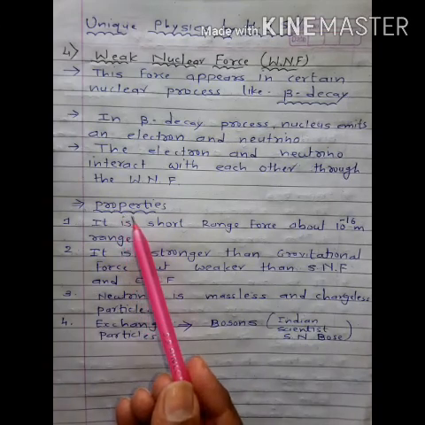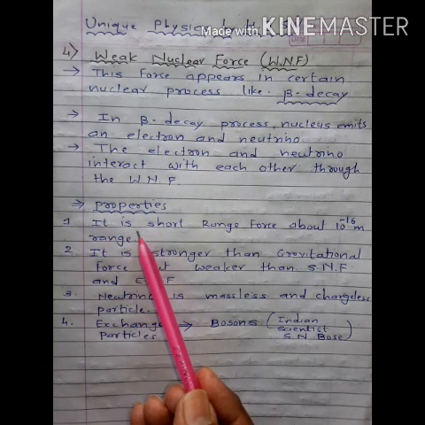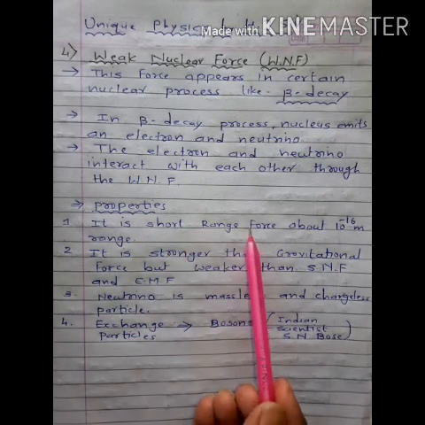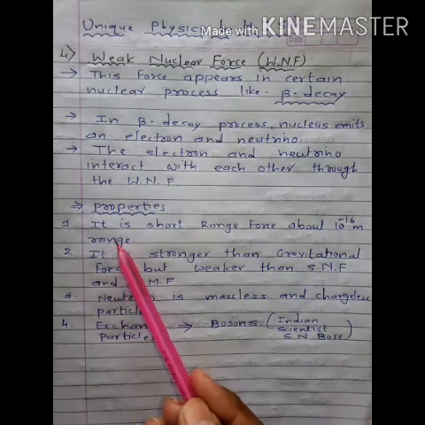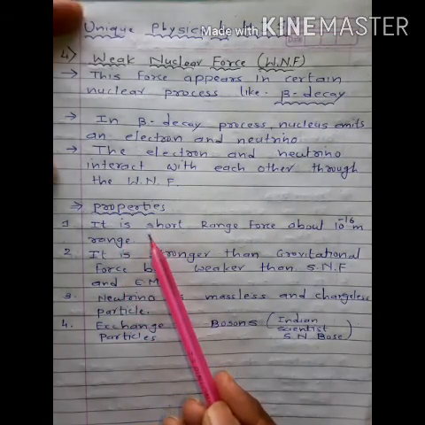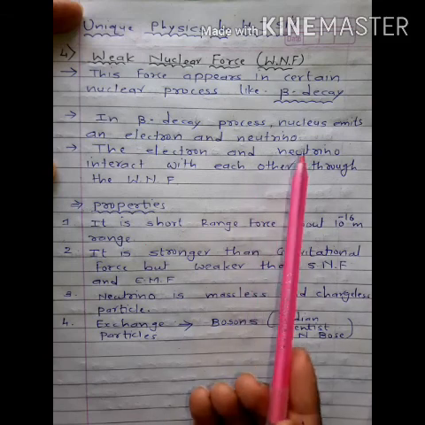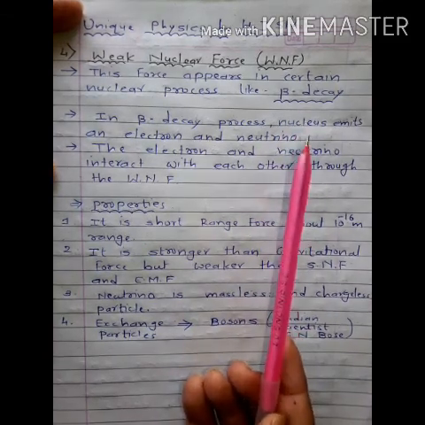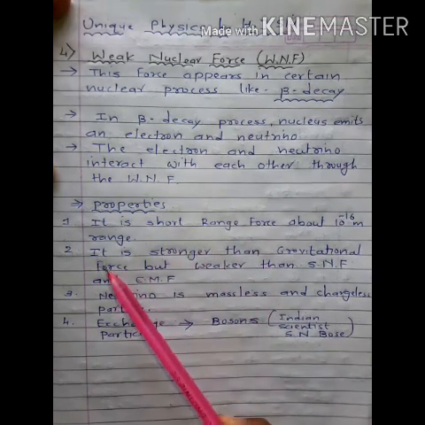Now remember properties of weak nuclear force. First property, it is a short range force, about 10 raised to minus 16 meter range. Remember this point. Clear? This force is associated with the nucleus and the size of the nucleus is very small. That's why it is a short range force.